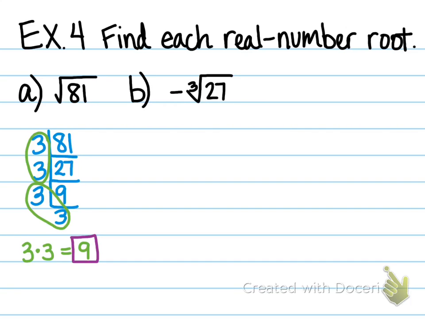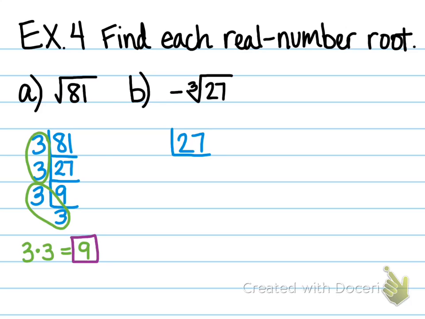Okay, let's try negative cube root of 27. So this negative is not part of the radical. It's not underneath there. It's like there's a negative 1 times whatever the cube root of 27 is. So we're going to simplify the cube root of 27, then we'll multiply whatever we get times that negative in the end.